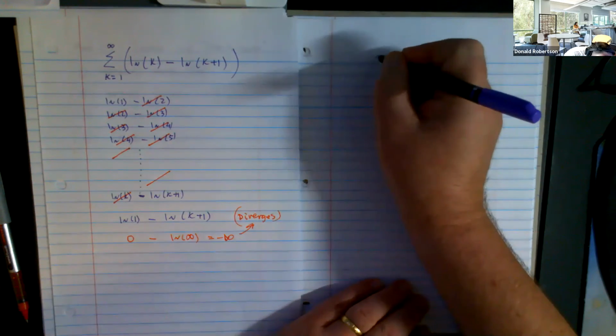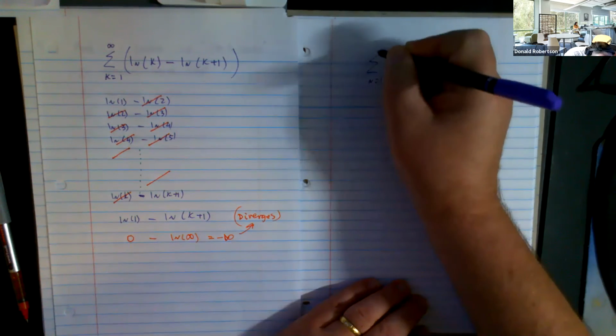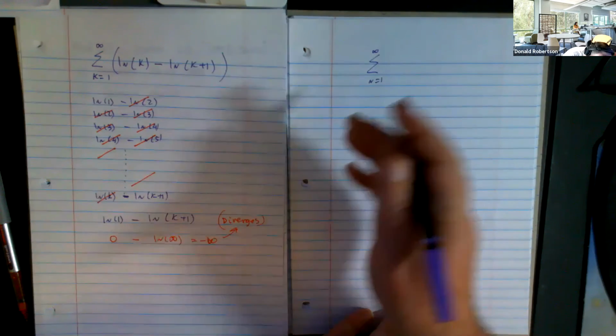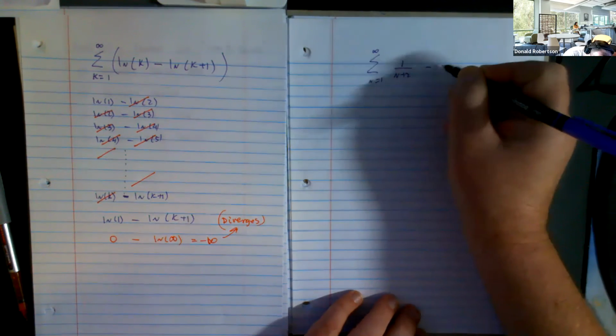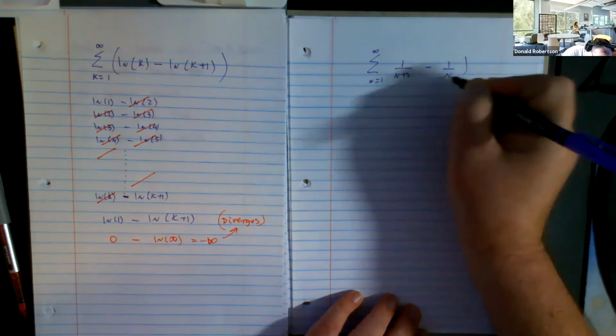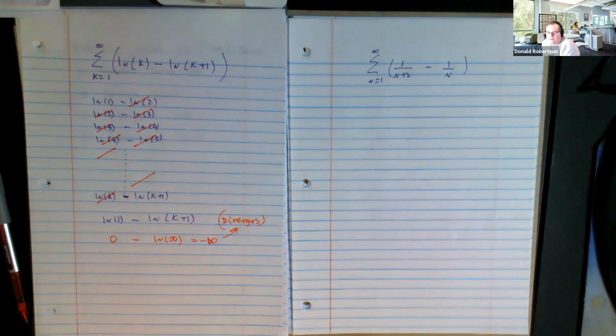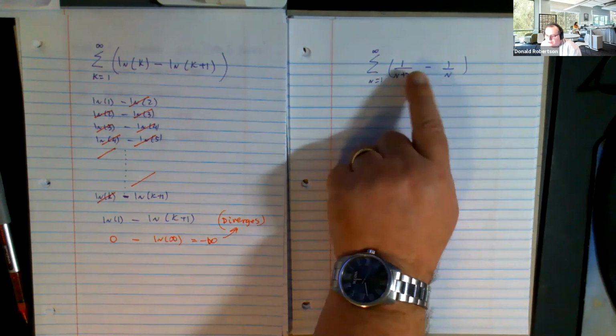Here's another one. I'm going to do n this time. Here is a telescoping series. Telescoping series typically are made up of 2 things subtracted.